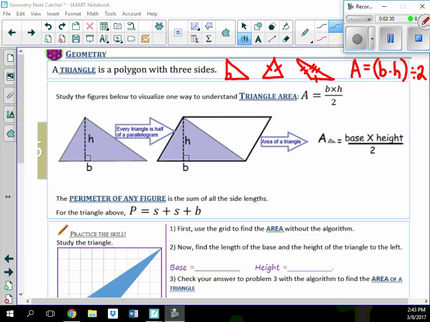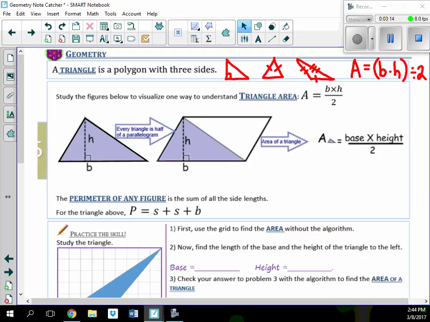So we talked a lot yesterday about finding the area in relation to a rectangle. And today we're going to talk about finding the area in relation to a parallelogram. So I just have another example up here to show you. And this says, study the figure below to visualize one way to understand triangle area. And it says the area equals the base times the height divided by 2. And on Monday, we talked about that the area of a parallelogram is base times height, right? Okay. So I'm going to take this triangle right here, and I'm just going to turn it into a parallelogram.